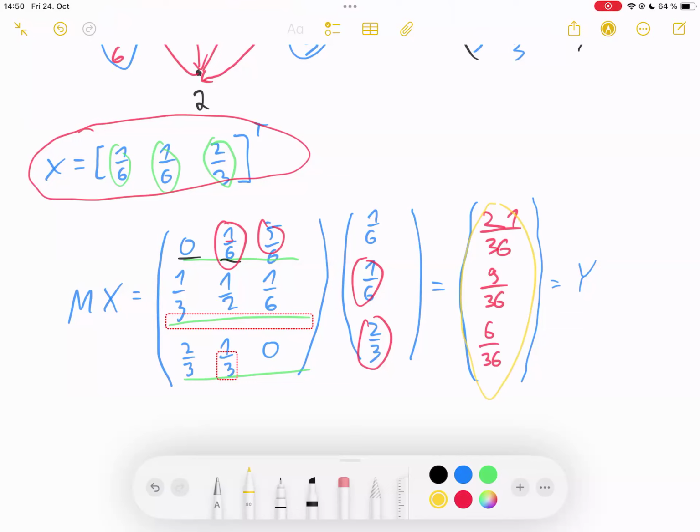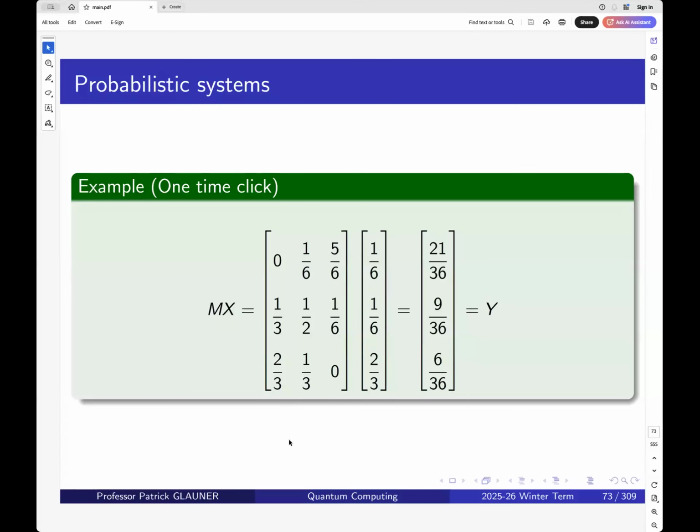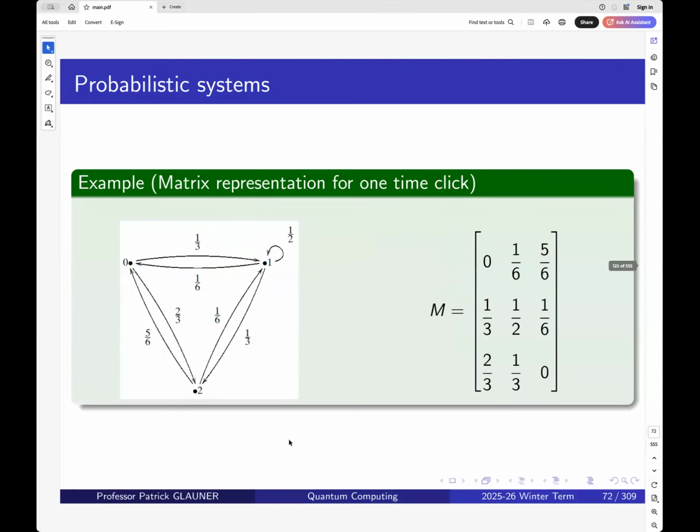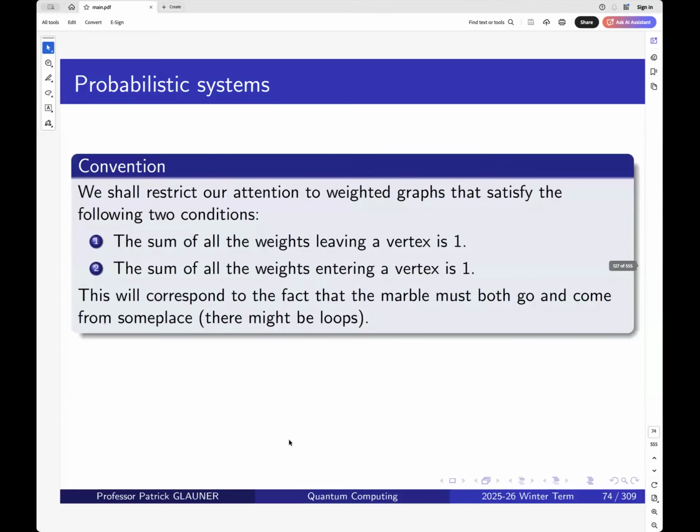And it turns out there are constraints for this transition matrix so that we actually have a proper probabilistic system. And this is something I will show you now in the slides. Here are the calculations we just did together. Before in the slides, we only had this matrix representation and the graph that we developed together.